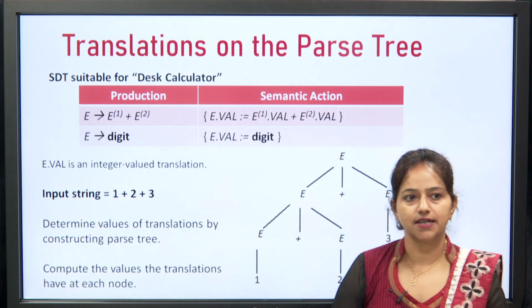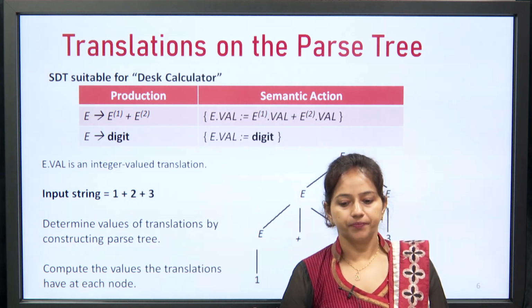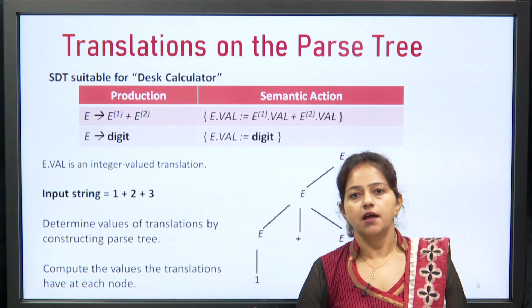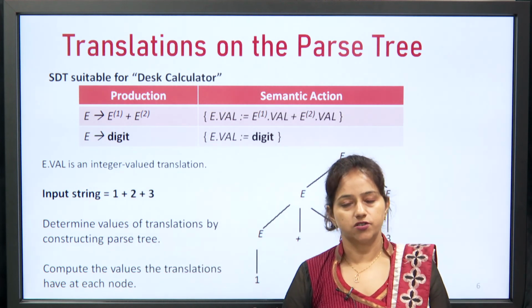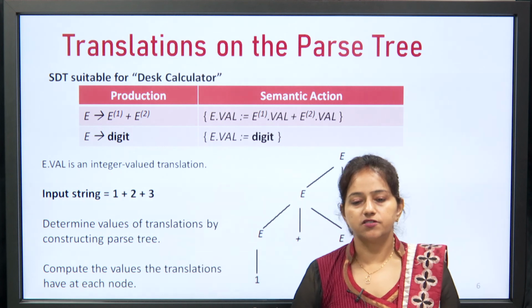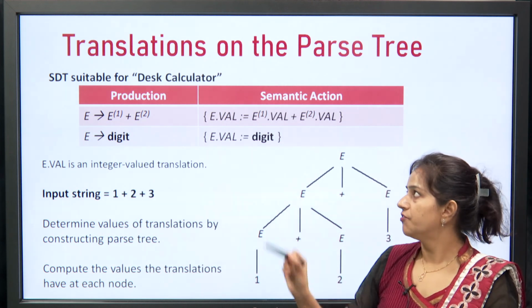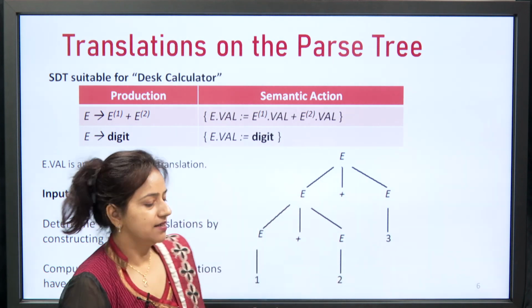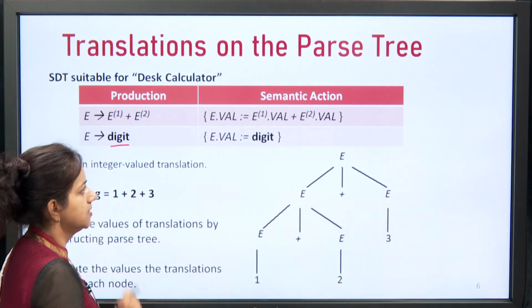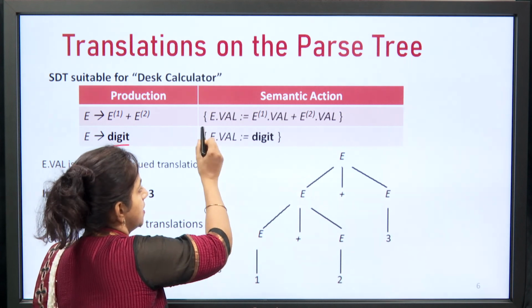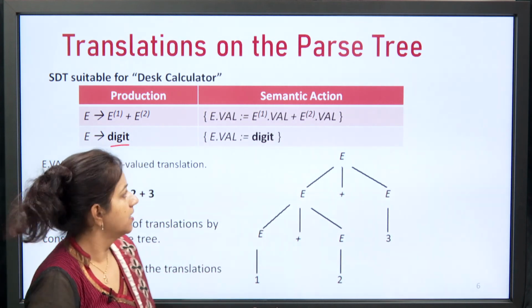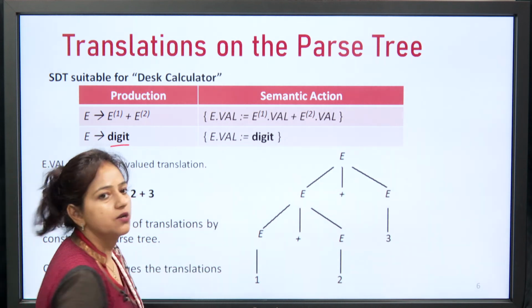Next is translations on the parse tree. Basically, our objective is to get the intermediate code directly from the syntactic structure, but here we will design the SDT that is suitable for a desk calculator. Here the productions are E to E plus E, then E to digit, and its semantic actions are E dot val is equal to E1 dot val plus E2 dot val, and E dot val is equal to digit.